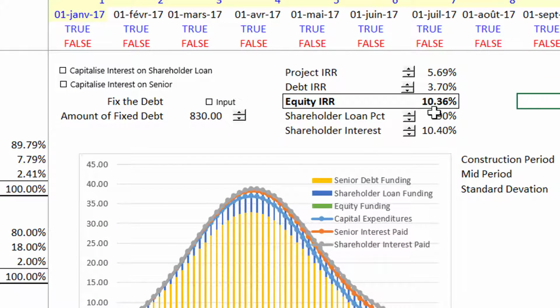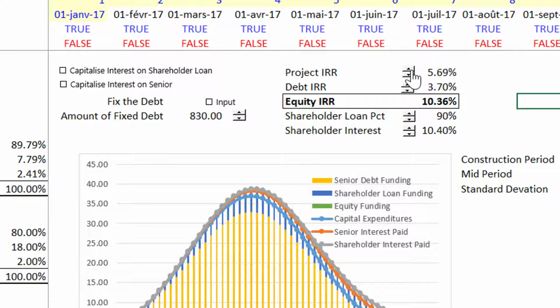So if we go all the way down on the shareholder loan, sorry this is taking so long, it's 9.89, and if we go all the way up to 90%, it goes up by 0.5%. It's not that big a deal, is it?